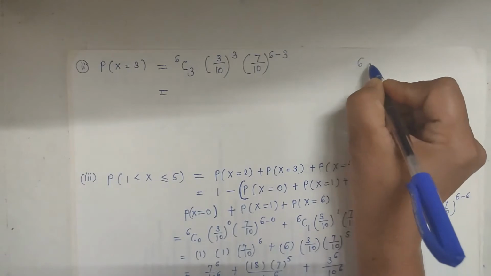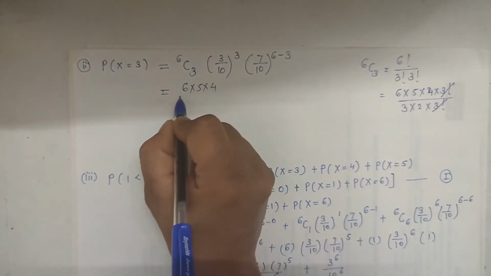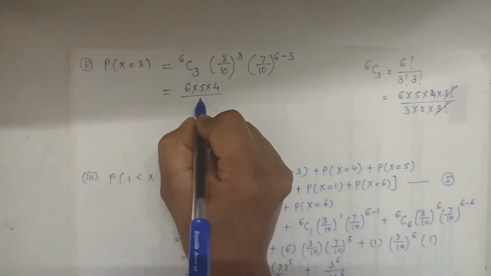Now 6C3 is equal to 6 factorial upon 3 factorial into 6 minus 3, that is 3 factorial. Here 6 factorial in terms of 3 factorial is 6 into 5 into 4 into 3 factorial, upon 3 factorial into 3 factorial as it is, then one 3 factorial will be cancelled, and we can write 6 into 5 into 4 upon 3 into 2, which is 6.